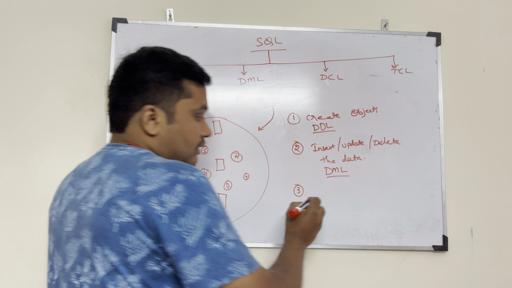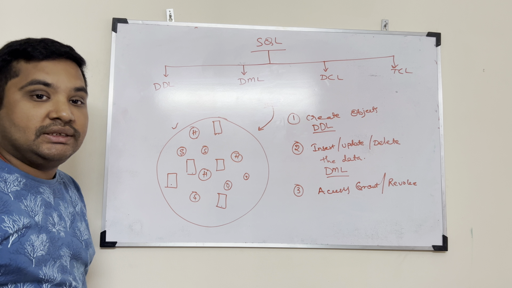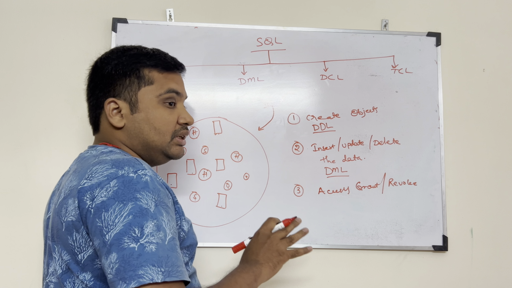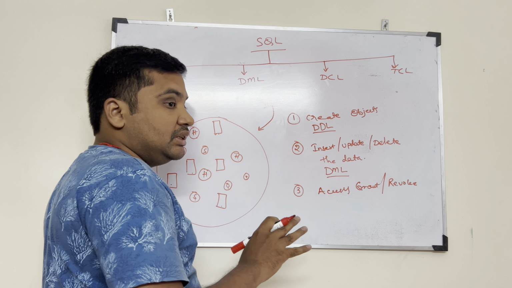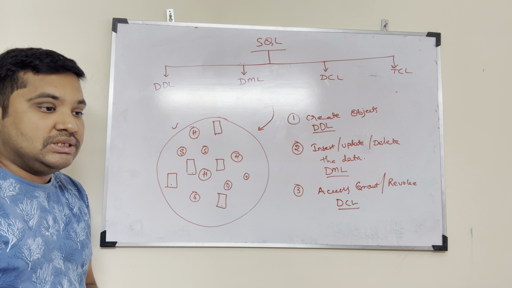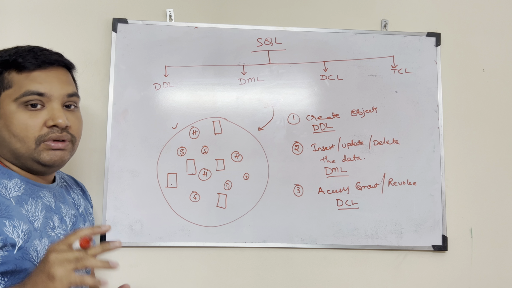That means access, grant or revoke. We need to do access, grant or revoke for the particular users or for particular data. So for that purpose we need to use DCL, data control language. This is called a data control language.